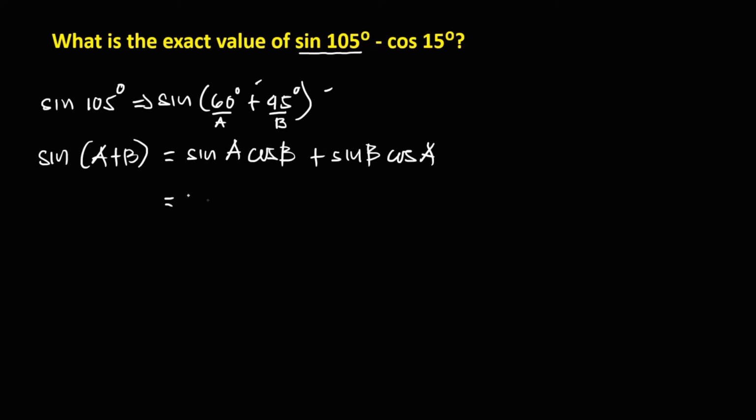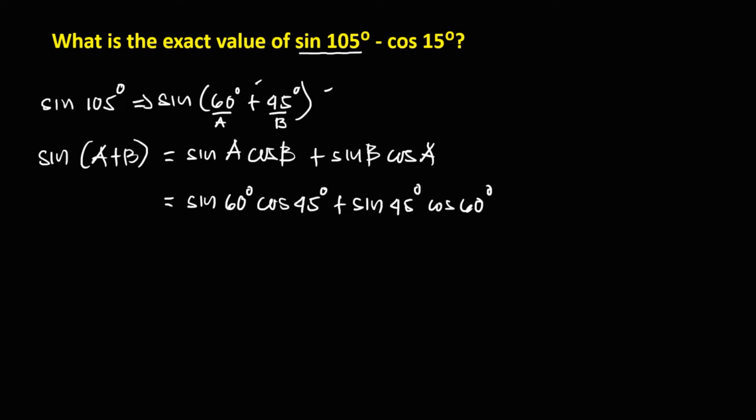So substitute now the values. For sine a, that's sine 60 degrees, then times cosine b, b is 45 degrees, then plus sine b, so b is 45 degrees, and cosine a, so a is 60 degrees.